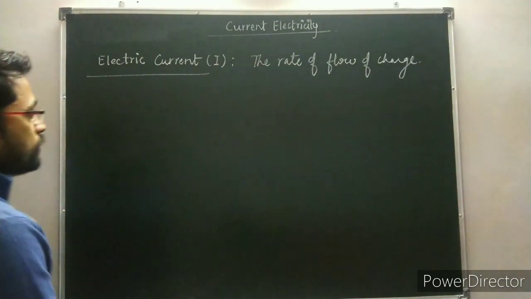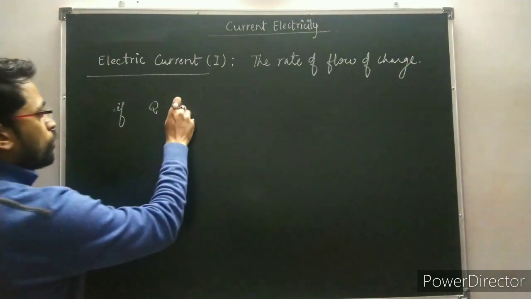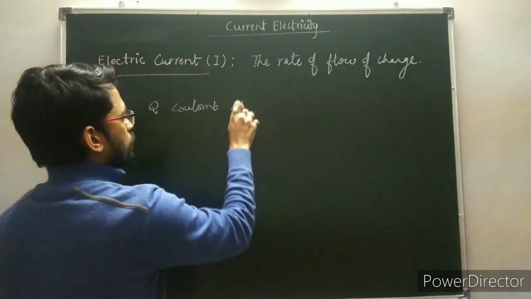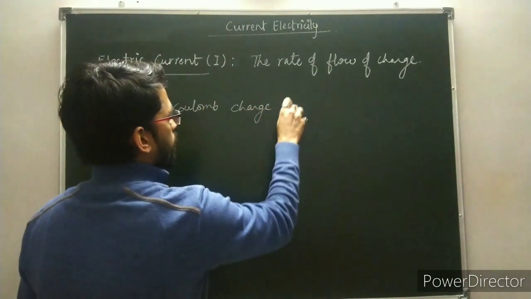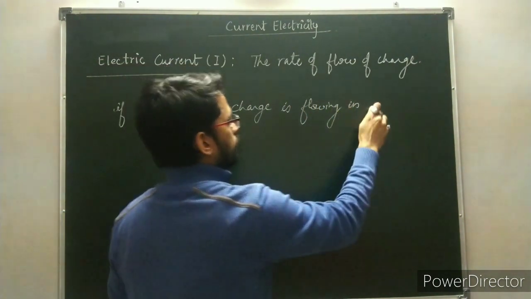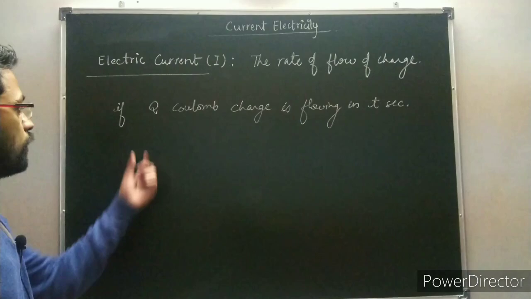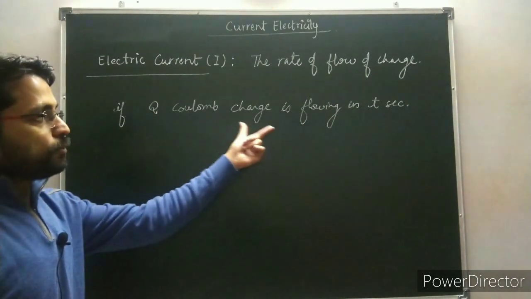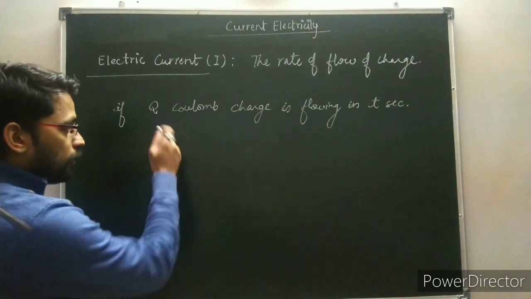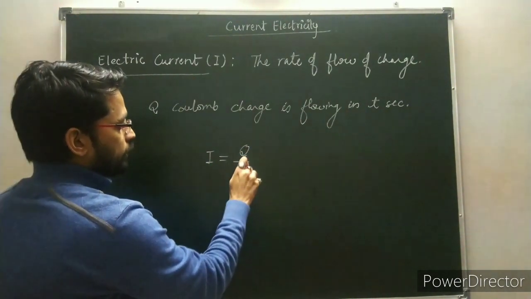Imagine if Q coulomb charge is flowing in t seconds from one point to another, then the electric current I is given by Q by t.